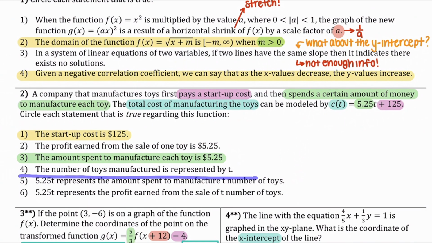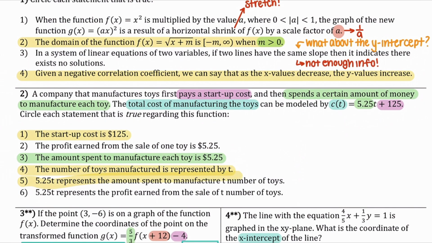Okay, number 4, just based on what we talked about before, yes, indeed, that is true. T represents the number of toys, since that is being multiplied by our slope. Then we have 5.25T represents the amount of money spent to manufacture T number of toys.